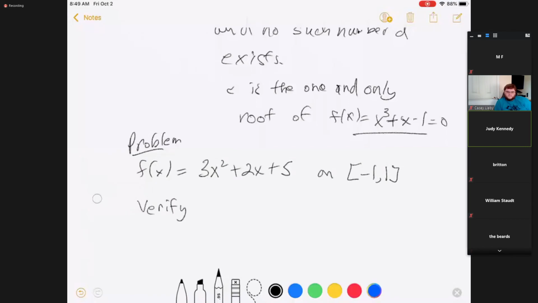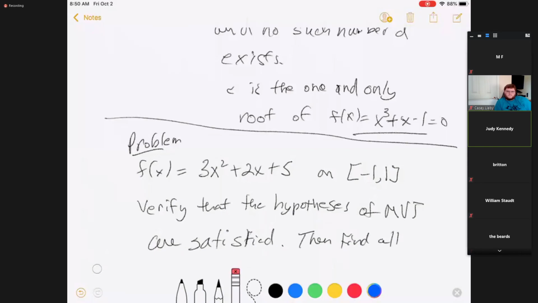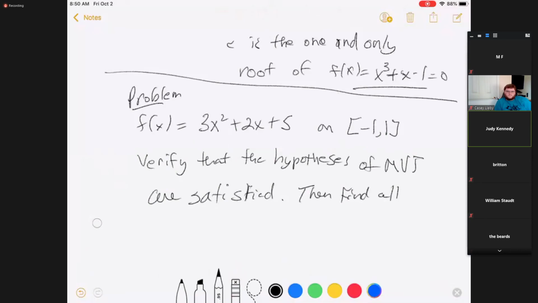Verify that the hypotheses of the mean value theorem are satisfied, and then find all numbers C in -1 to 1 that satisfy the conclusion.